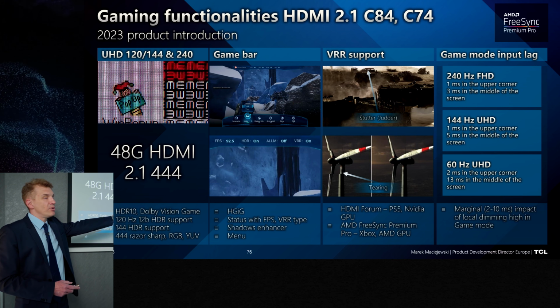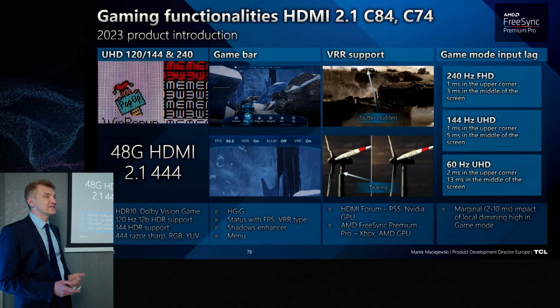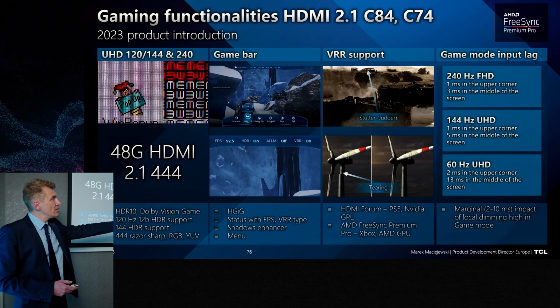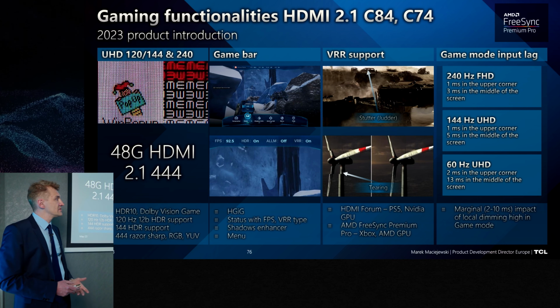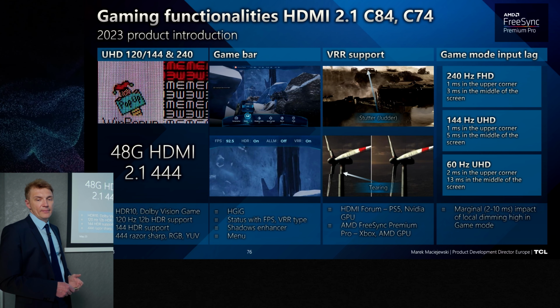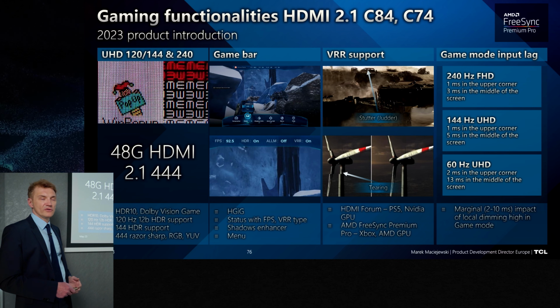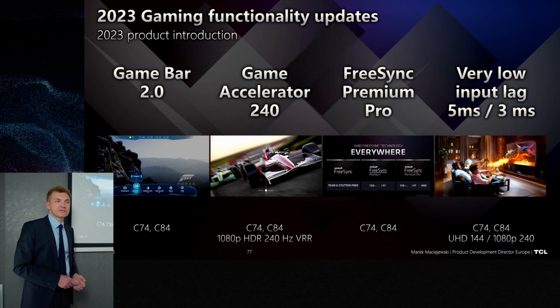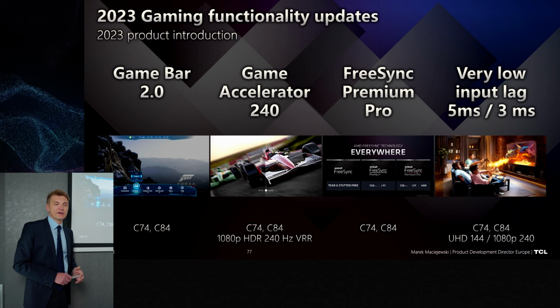Then VRR support, so that you don't face stutter, judder, or tearing. And then also input lag, which is key for different signals. But then we have also maths calculation for you, how it works, and then what is the logic behind.